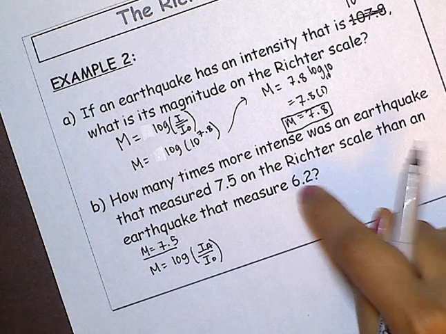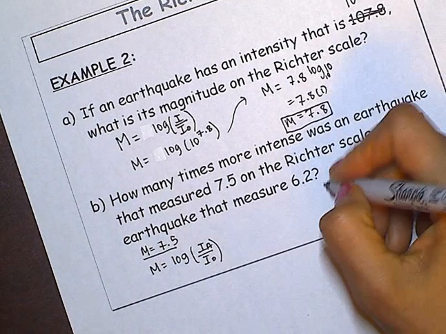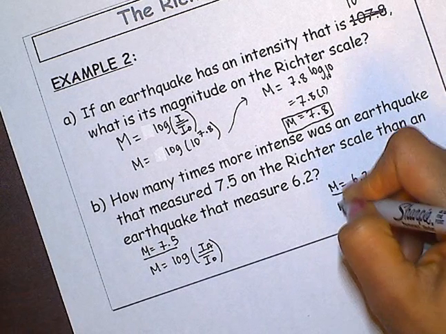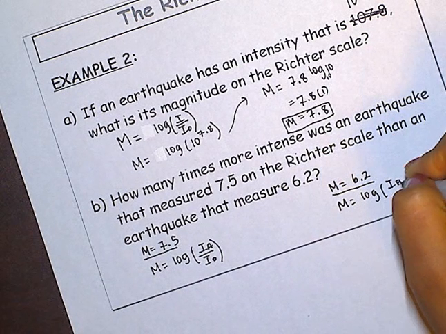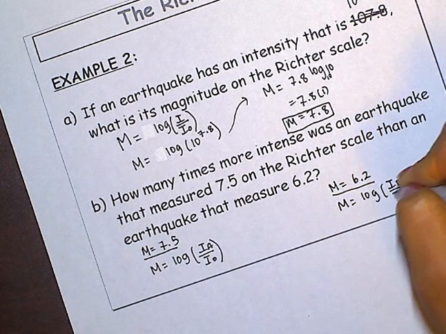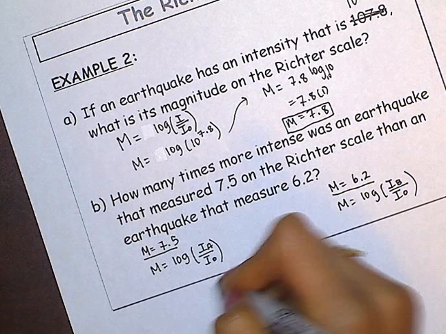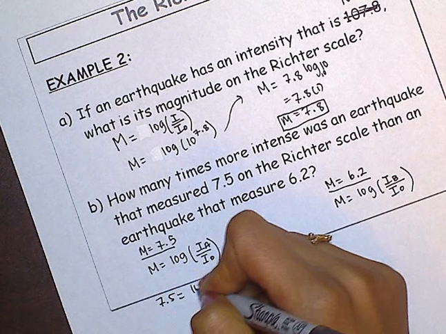I'm just going to do that on the side over here. So for the magnitude of 6.2, M equals log of IB over I naught. I'm going to fill in the information that's given to me. So 7.5 equals log of IA over I naught.